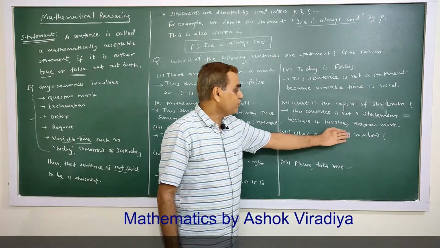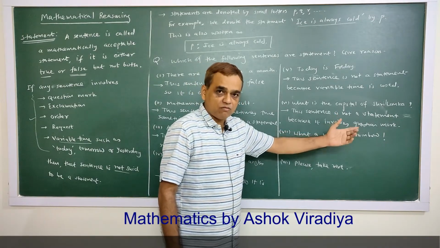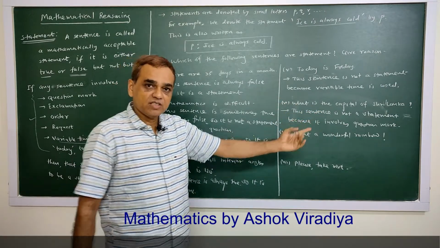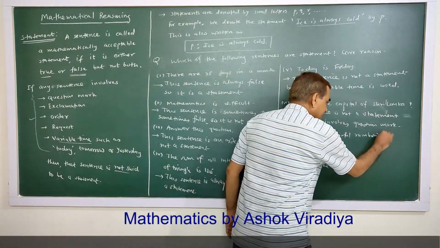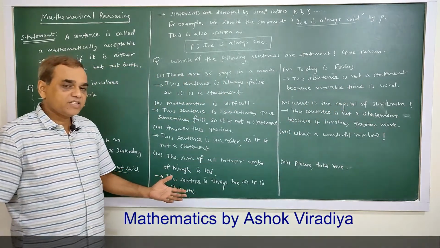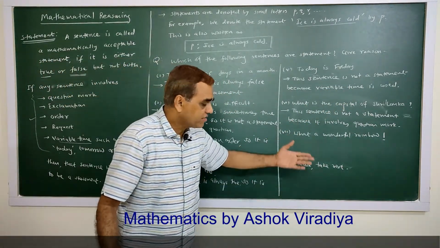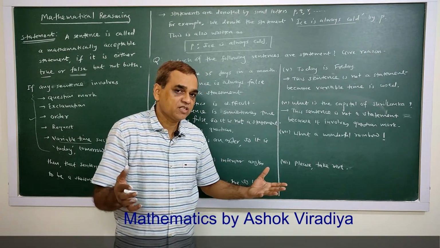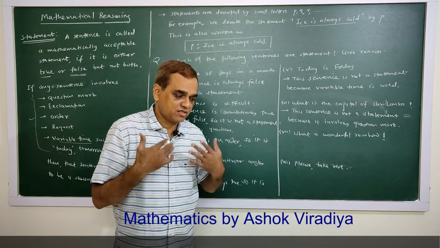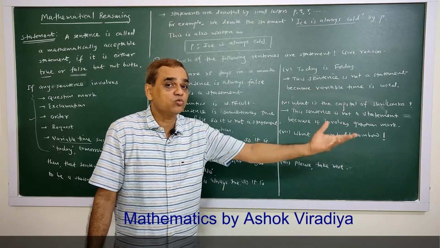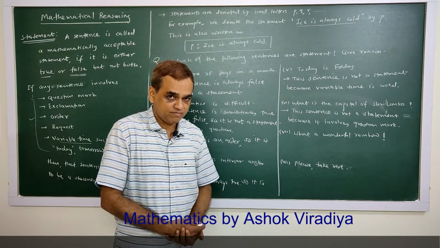What a wonderful rainbow! See, here there is an exclamation. We can't say whether this sentence is true or false. For any exclamation, we cannot say that the sentence is true or false.